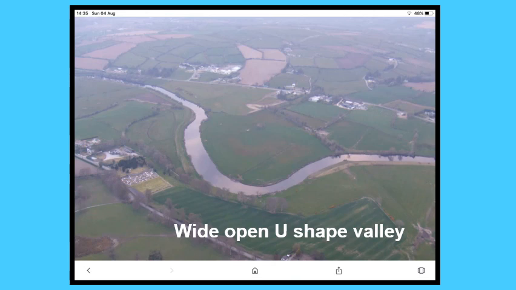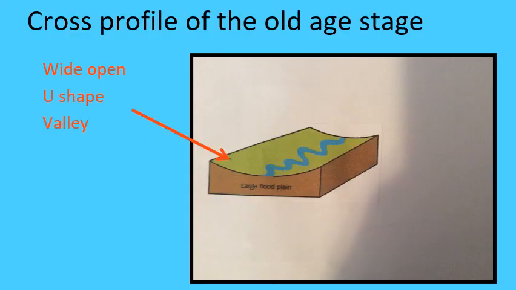It is extremely wide, flat, and we refer to it as an open U-shaped valley. And there we see the cross profile of an old river valley. It is wide, it is open, and we say it is an open U-shape valley.